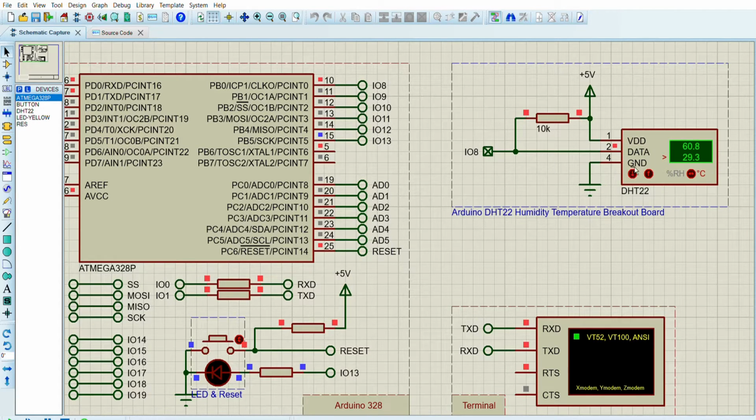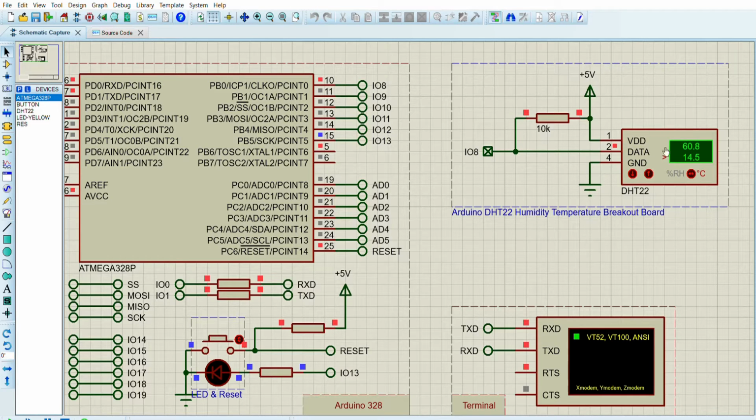Now if we try changing the temperature to less than 28 degrees Celsius, then the LED would go off. So the temperature is less than 15 degrees Celsius and the humidity is greater than 60%, and the LED is blinking with the same frequency as before.